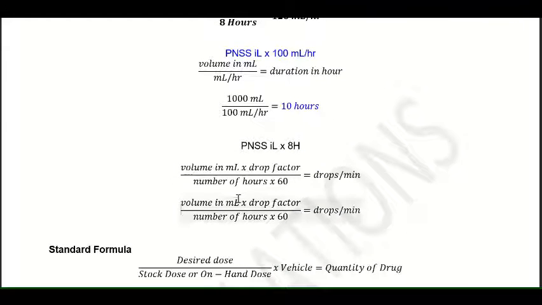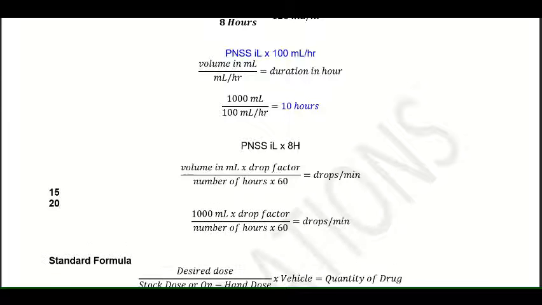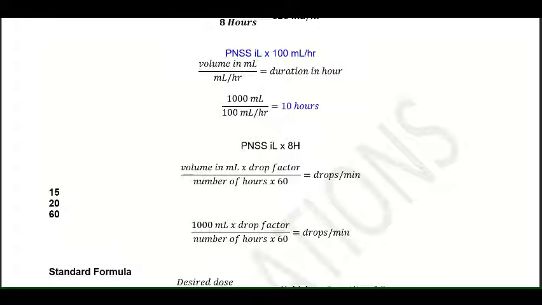Now, the volume in ml is 1,000. Okay, it says there in the given, 1 liter. Drop factor. There are several drop factors. Okay, it could be 15, it could be 20, it could be 60. You need to know that 15 and 20 are known to be macroset. And then your 60 is known to be a microset.